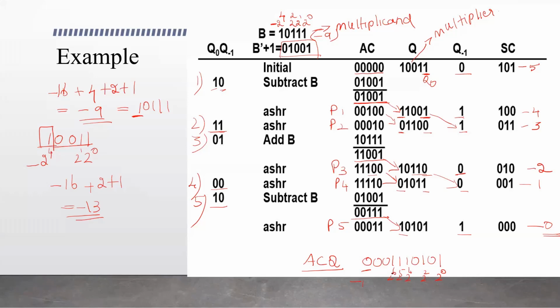What is 2 power 6? 64 plus 32 plus 2 power 4, which is 16, plus 2 power 2, which is 4, plus 1, which is 117.